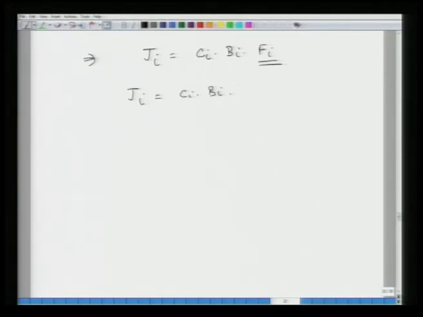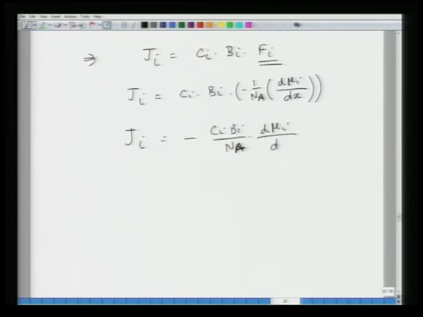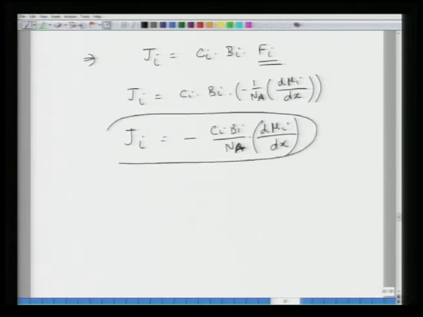Fi is minus 1 by Na multiplied by d mu i by dx. This is your Ji expression, and you can write it as minus of Ci Bi divided by Na into d mu i by dx. So, let us remember this expression. We will come back to this in a while.